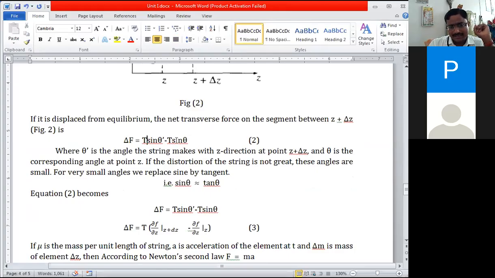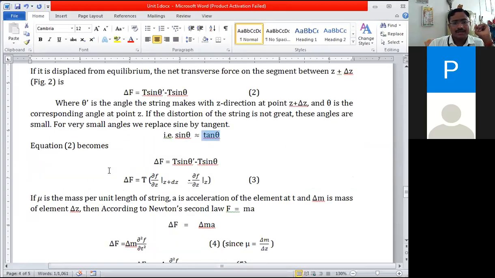We can replace this sin theta with tan theta, and we have this equation. Here it should be tan theta; that was a typing error. So we have replaced sin theta with tan theta dash.